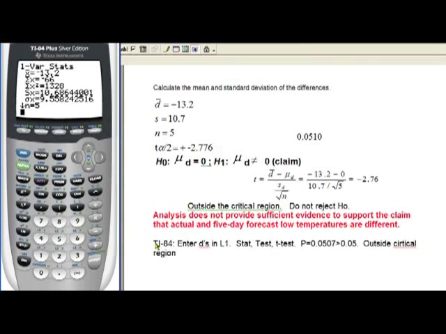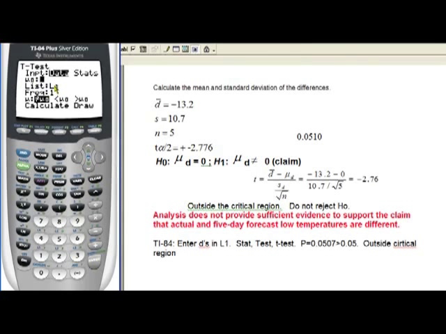If I were to do this using my TI-84, I would have gone to Stat, Test, and this one says L1, but I put the differences in L3 in the calculator. So you go to Stat, Test, and you have to get the t-test. Ignore L1 and L2, you're using the data now, so you have to select the data option. I put in what's in your hypothesis testing, which is 0, and you tell the calculator the differences are in L3.